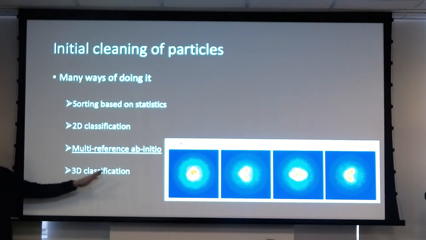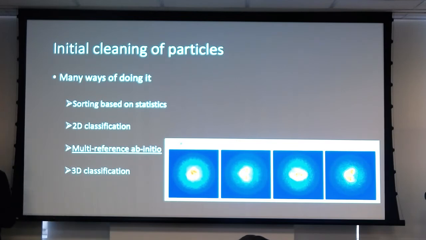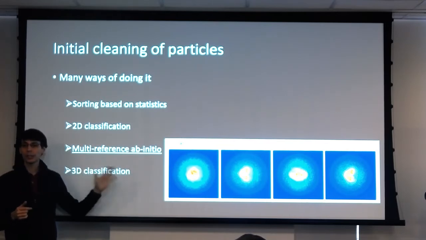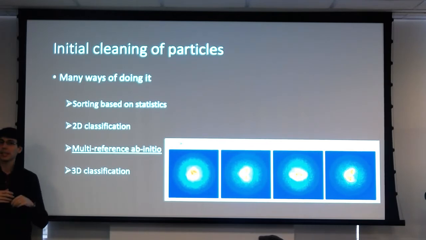But you have issues with that, because if this does not converge to a good solution, or if you're not sure which solution is good, you might get rid of good particles. There's also an issue with anything 3D, which is that if you look at it in Fourier space, each orientation projection is a slice in your Fourier volume. And so you might actually accumulate signal in one Fourier slice and not in the others.